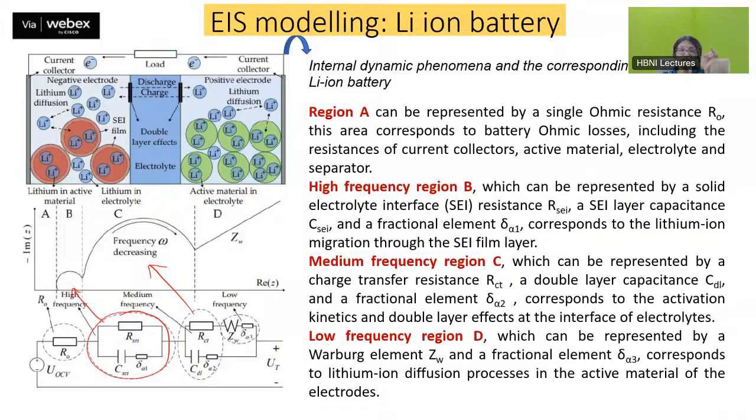Immediately you will find a decrease in the RCT value, which means your charge transfer process is becoming more efficient, your kinetics is improving, and then this region will show you how the diffusion of the lithium ion is taking place. So from that you are able to get the speed of the lithium ion diffusion.